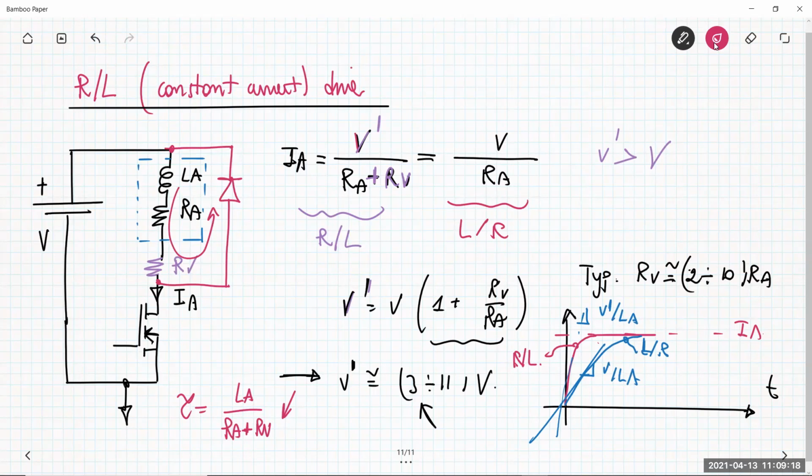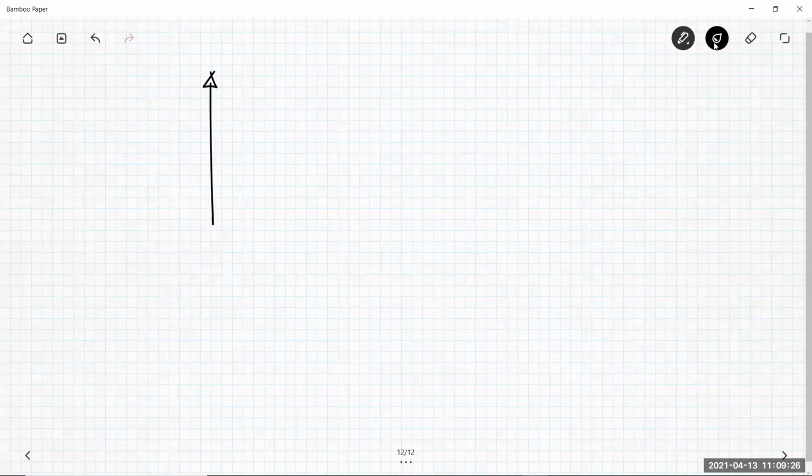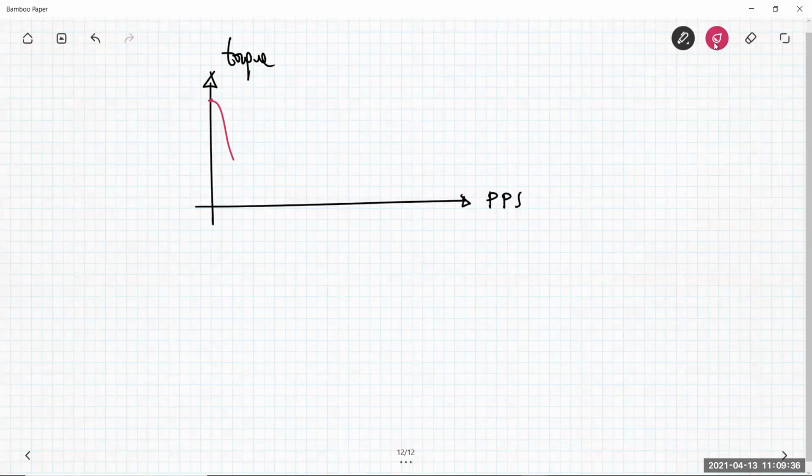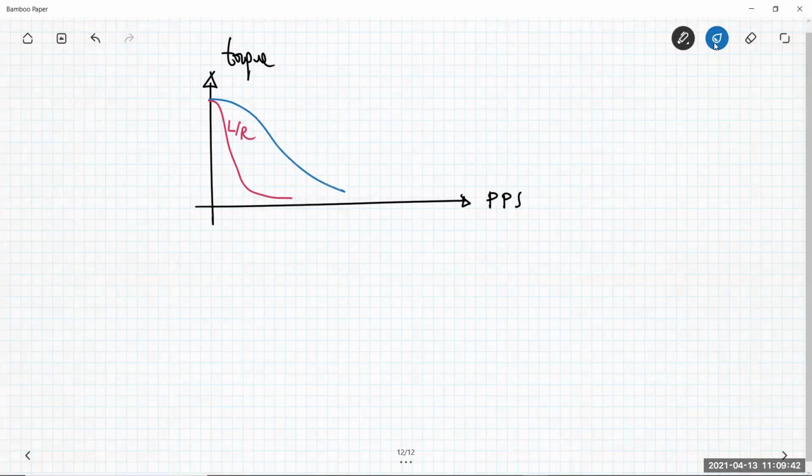So basically this solution leads to a behavior of the torque versus the frequency of the input pulses which is a little bit better than before. This is the L over R, and you see the R over R can be something like this.